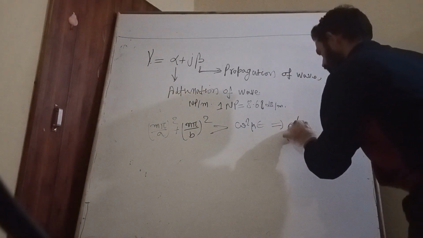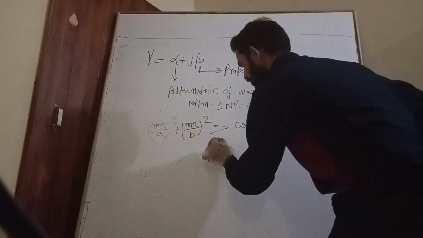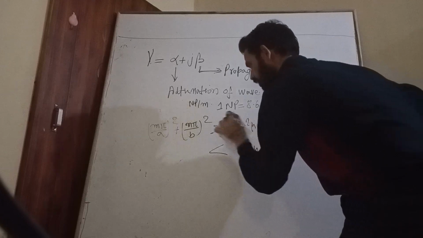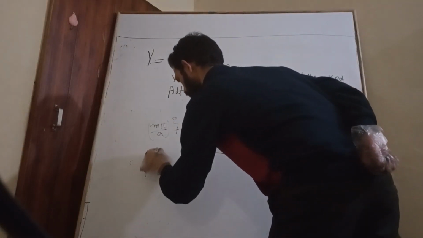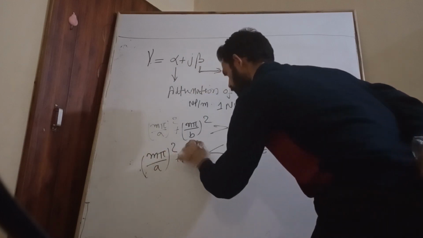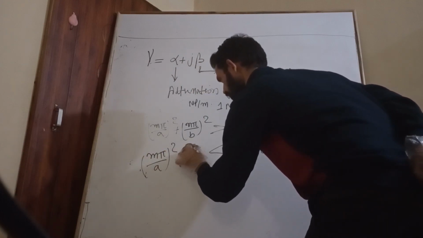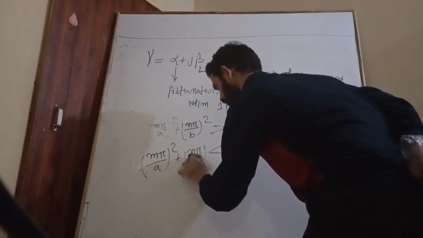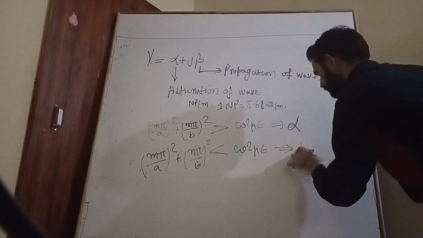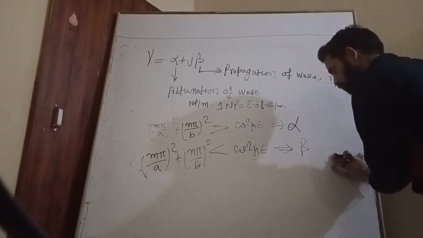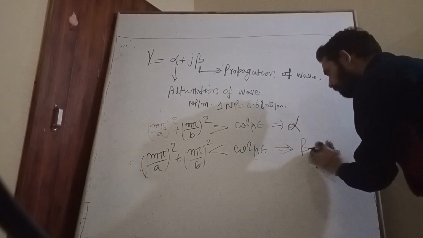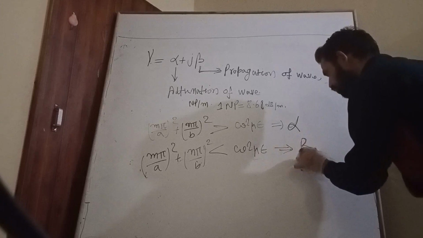Once we get this, it implies alpha. If it is less than omega square mu epsilon, then it implies beta, which means the wave is propagating through the waveguide.